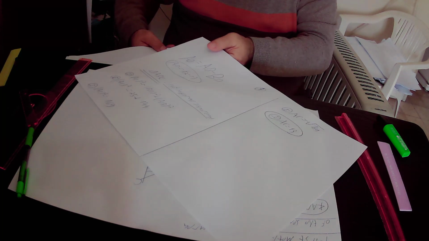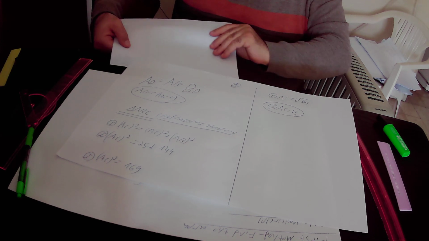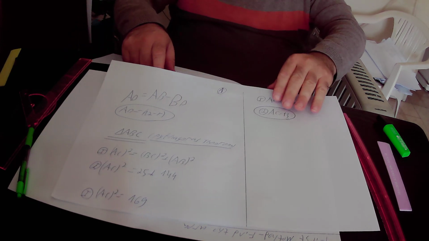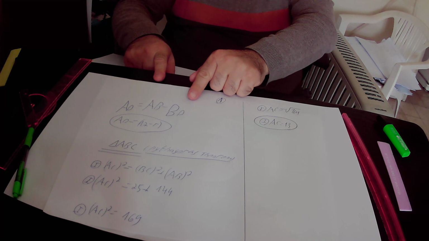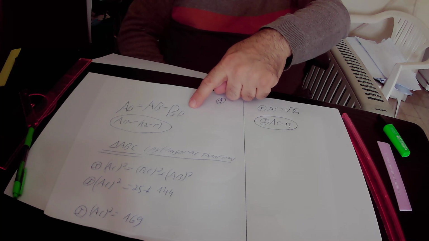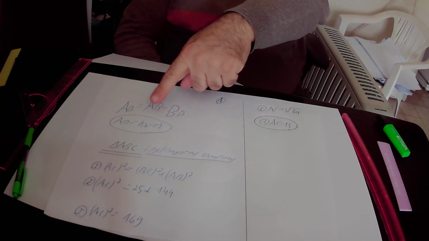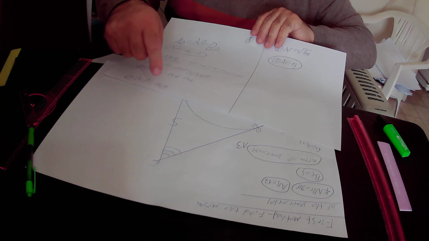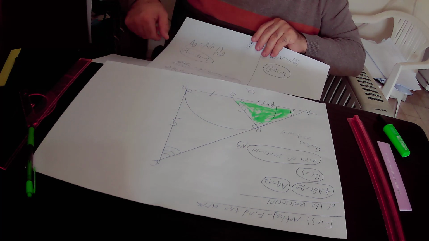Again, AO equals AB minus BO, but AB equals 12 units and BO equals R. So in conclusion, AO equals 12 minus R. We wrote here that AO equals 12 minus R.